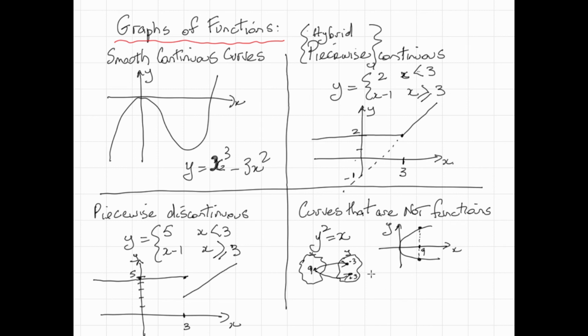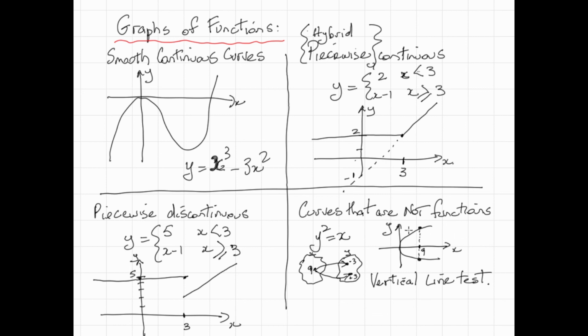A very simple test is called the vertical line test. And that just says if you can draw a vertical line anywhere to cut the graph, if it cuts the graph in 2 or more spots, then it is not a function.